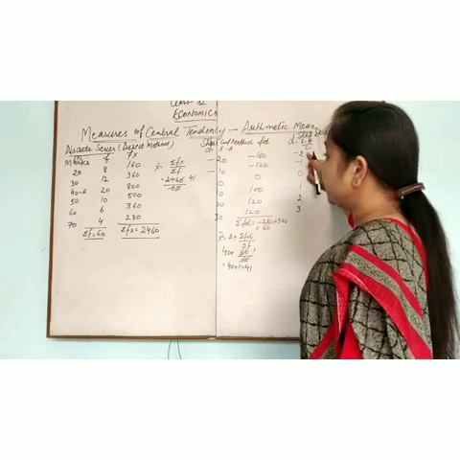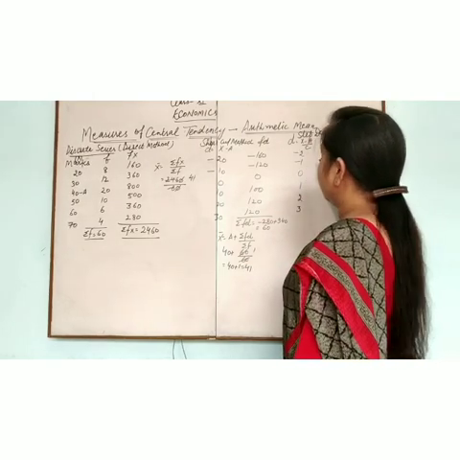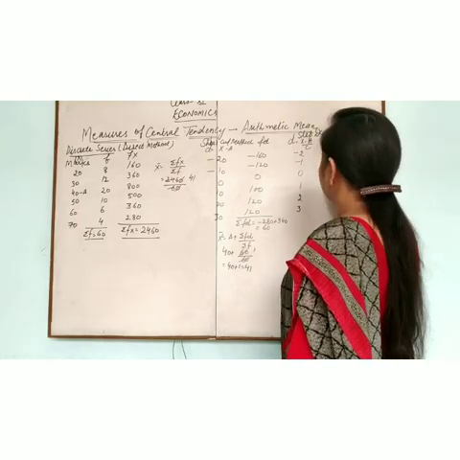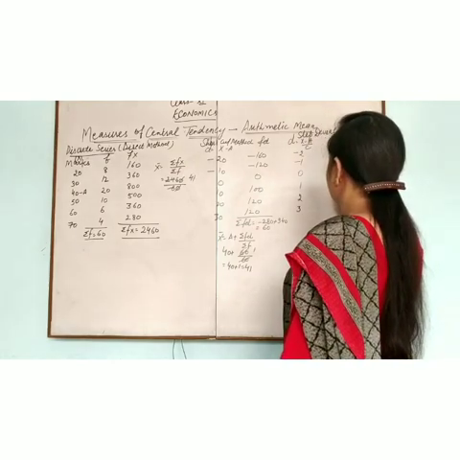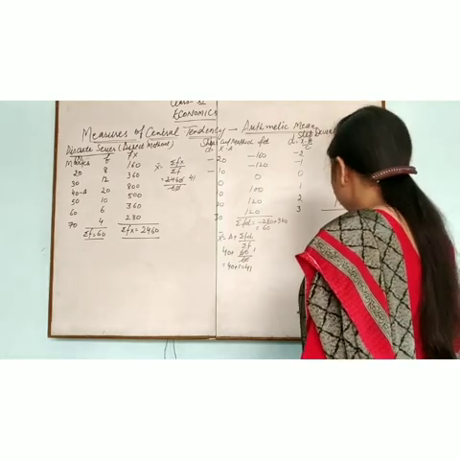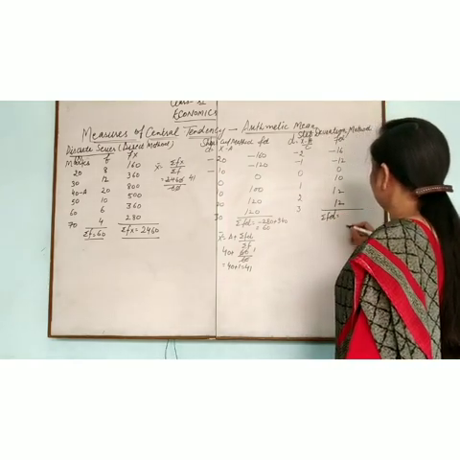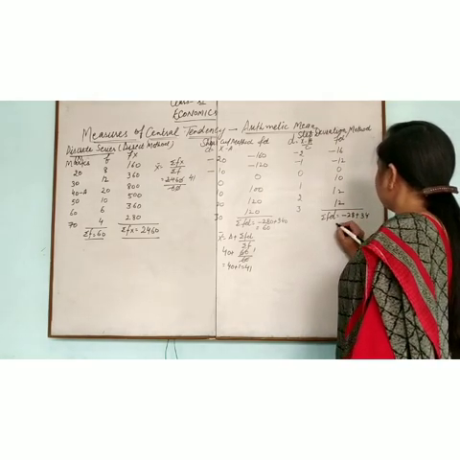Now d dash is multiplied with the f, that is equal to fd dash. Minus 16, minus 12, 0, 10, 12, then 12.